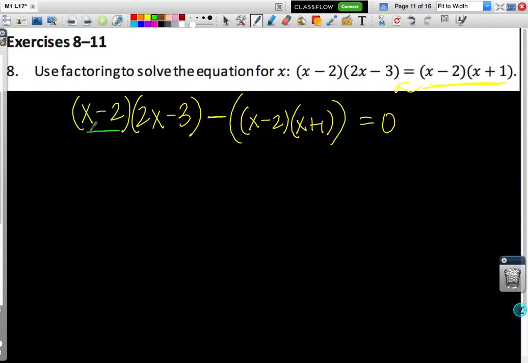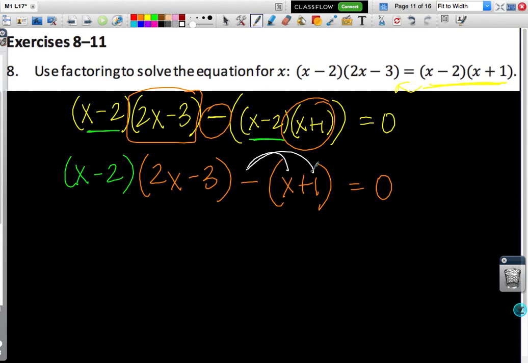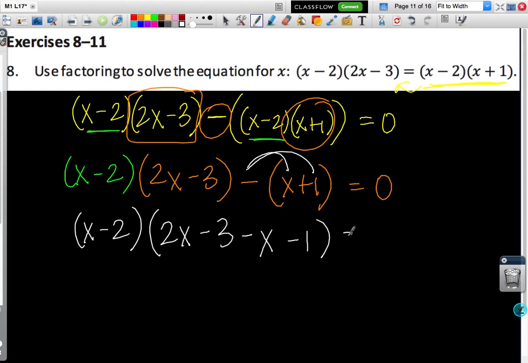So look at what's common. Bring it down. Now write what's left. So I've got 2x - 3 left, minus x + 1 left, equals 0. Simplify where you can, which means we're going to distribute this negative. So I've got (x - 2)(2x - 3 - x - 1) equals 0.